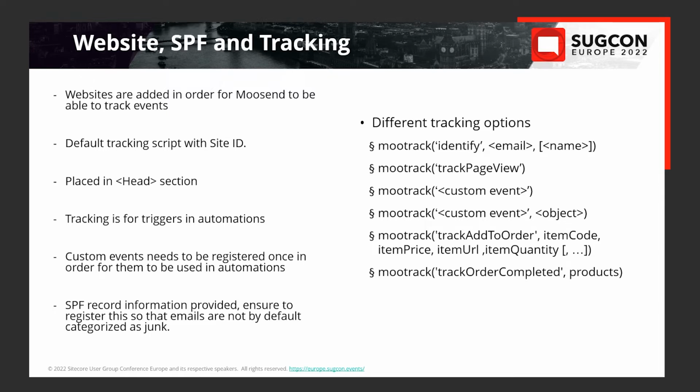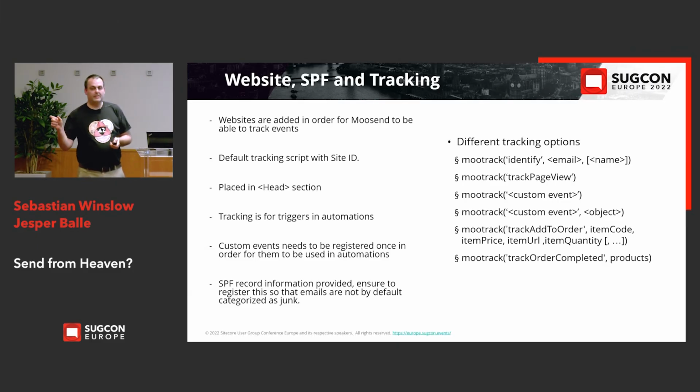When you have put in the tracking script on your page, then the procedure is quite easy. You need to have once where you have this moosend track. That's the function, moosend track, and then you put in identify and email, optionally a name also.